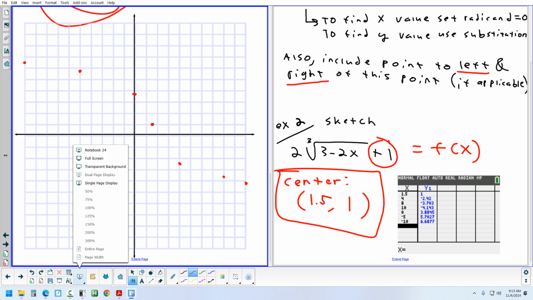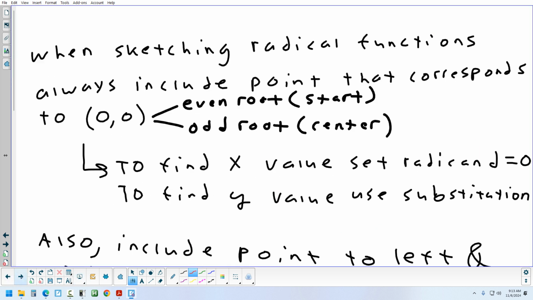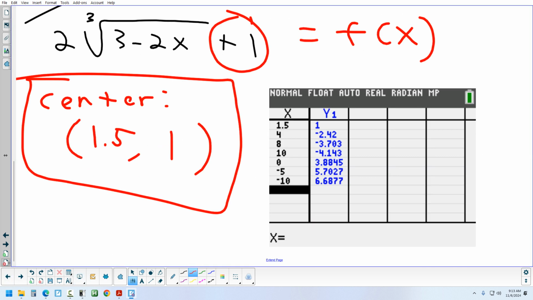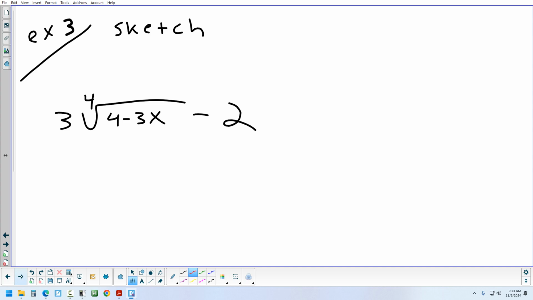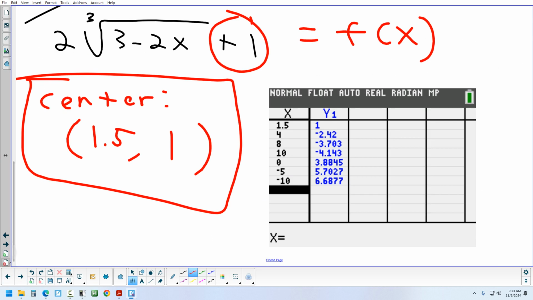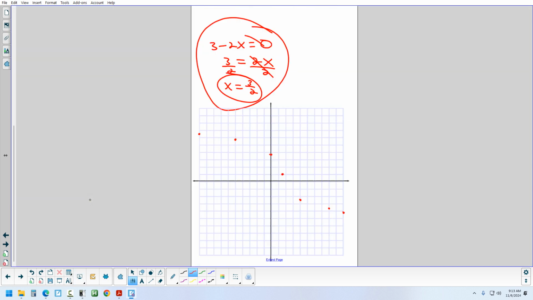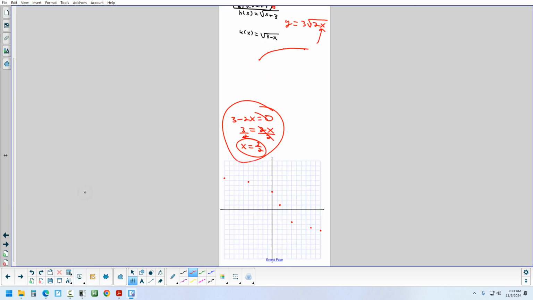I can do better than that. If I make it so I can just see it better. It's like this. Where'd it go? Oh, there it is. It's easier for me to draw it when it's a little bit smaller.